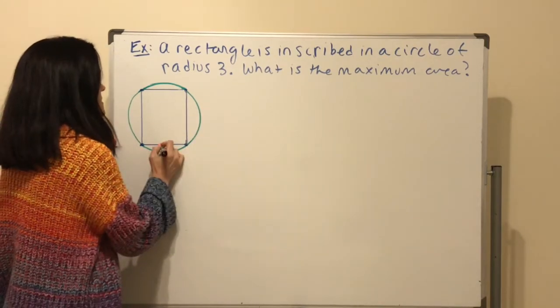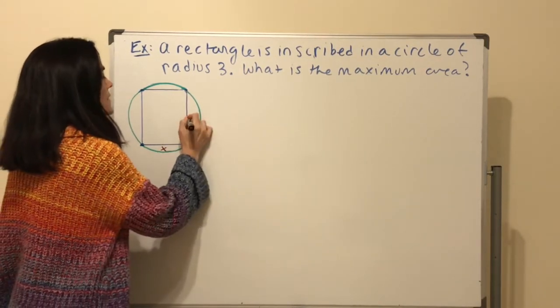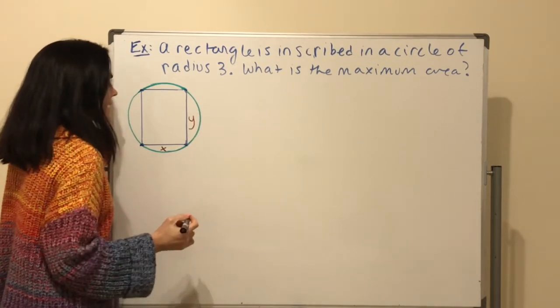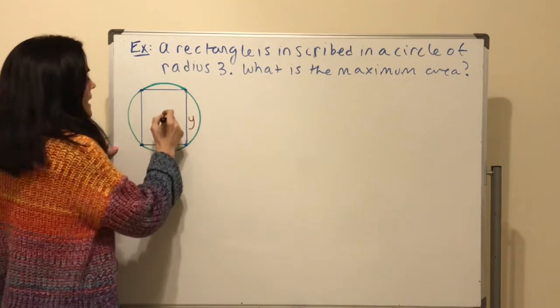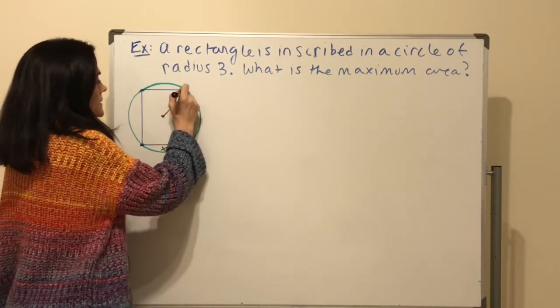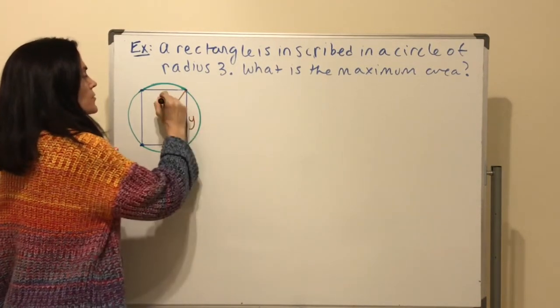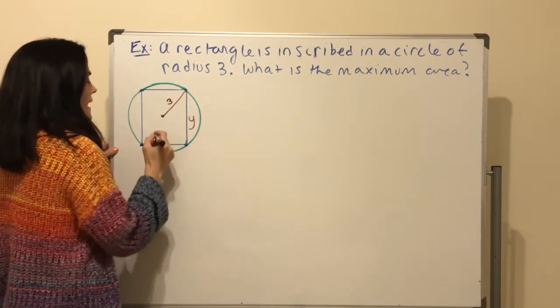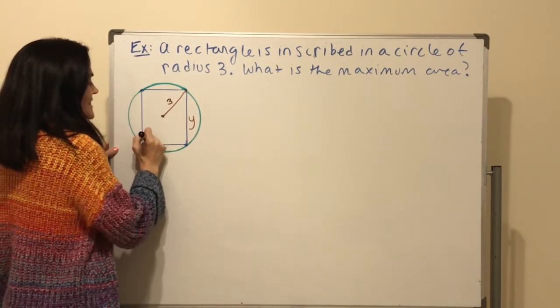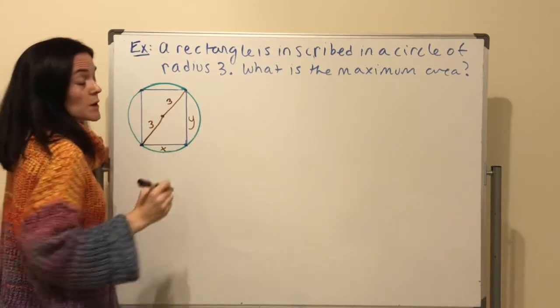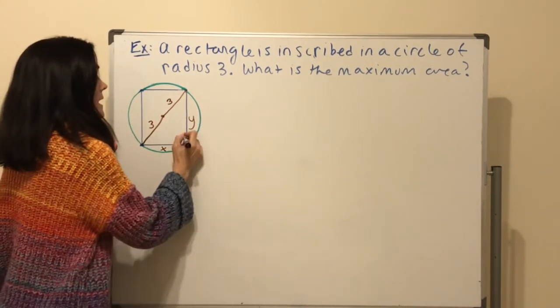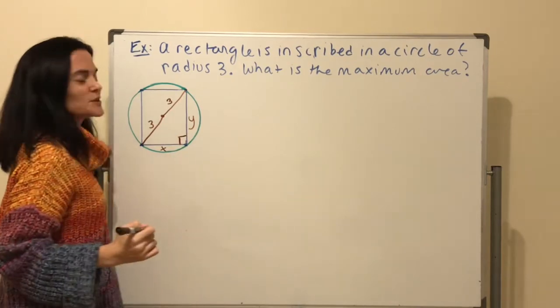If I call this length x and this length y, now here's the center, and so this length here is 3, and then similarly this length here is 3 because they're both equal to the radius, and this is a right triangle.